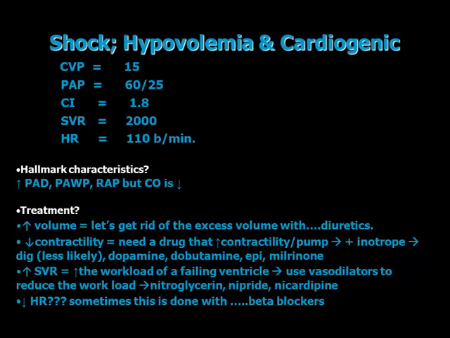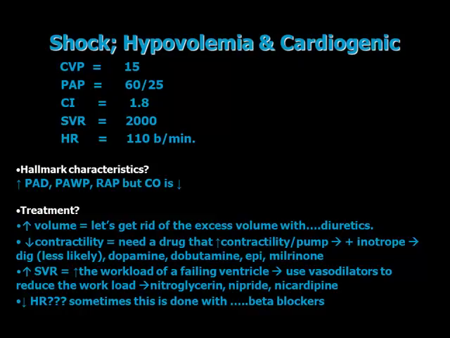You just need to recognize that when your volume is high and the index is not high, then you've got a pump problem. So with decreased contractility, we need to give a drug that will improve the pump or the contractility. Those drugs are all called positive inotropes. Digoxin is less likely to be given in an acute scenario, but dopamine, dobutamine, epinephrine, and milrinone are very common positive inotropes.